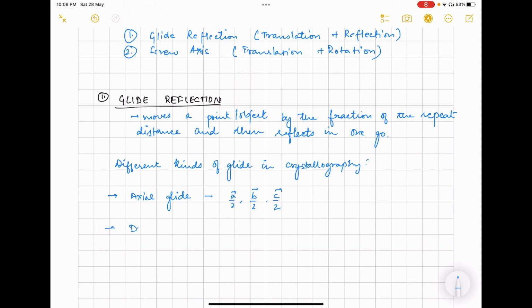Then comes diagonal glide, that is along the face diagonals. So they are A vector plus B vector by 2, B vector plus C vector by 2, and C vector plus A vector by 2.